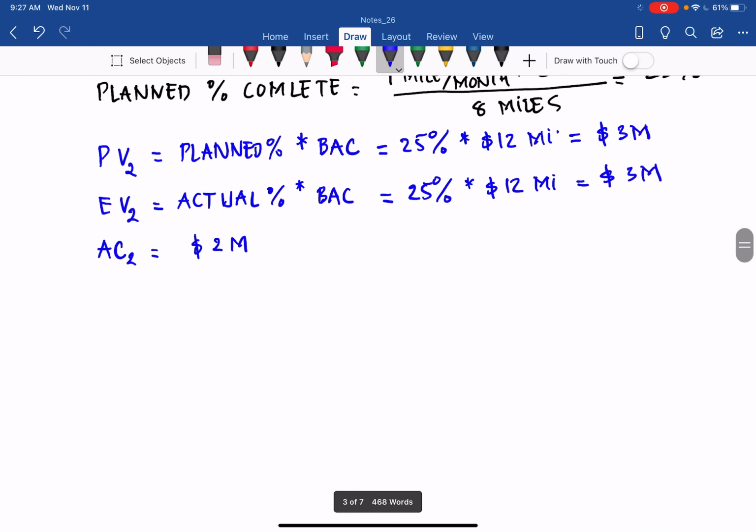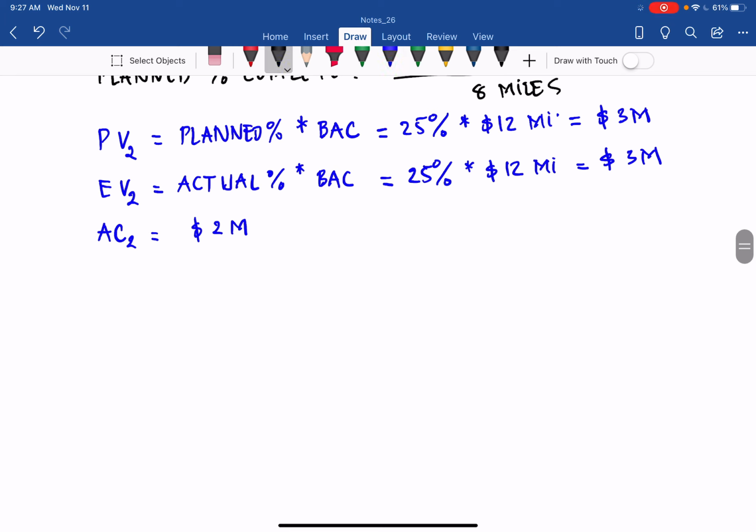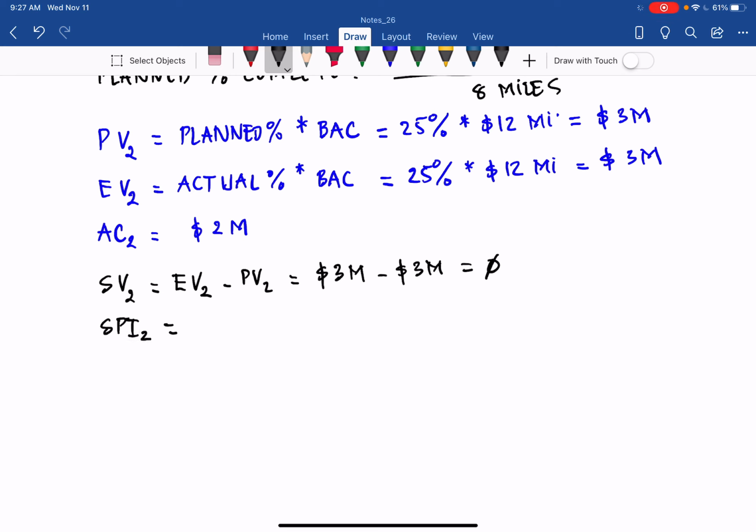We can determine the schedule variance after 2 months, and it equals earned value minus planned value, which is 3 million minus 3 million, so it equals 0. Or we can find the schedule performance index 2, the ratio instead of the difference, EV2 over PV2, which is 3 over 3, equal to 1.